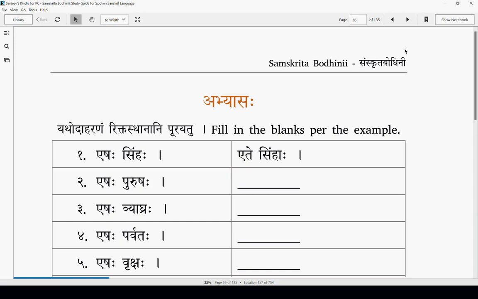Yeah, we saw that last time. This ha has a nada vibration in it, whereas visarga has no vibration, it's just the breath. Ha has both nada and breath, whereas visarga is breath minus nada.